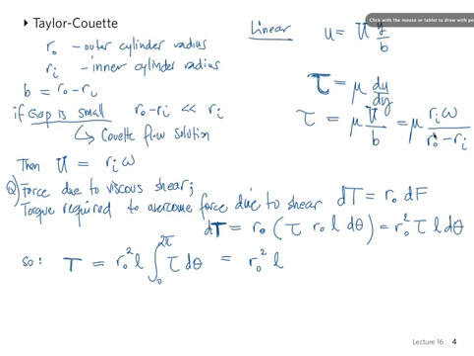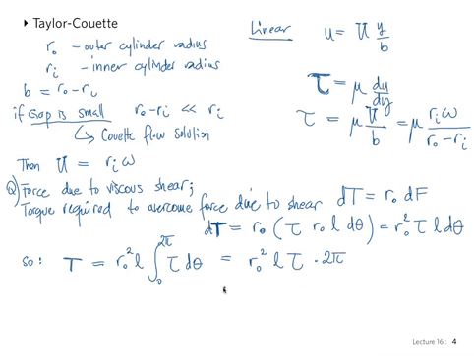The omega is a constant, the angular velocity of this whole thing, supposed to be rotating at a fixed angular velocity. L is the cylinder length, perpendicular to the paper.